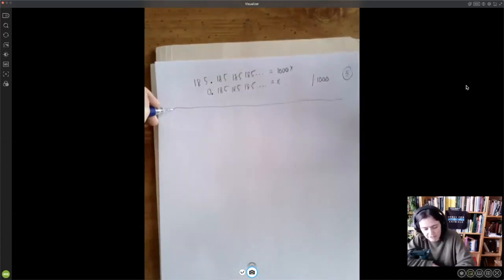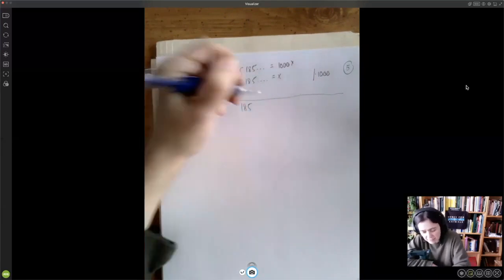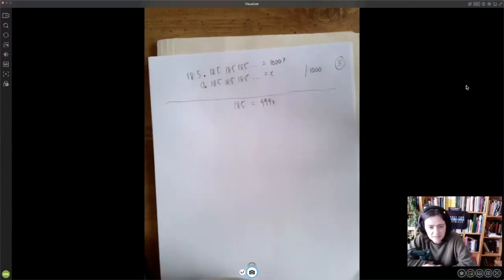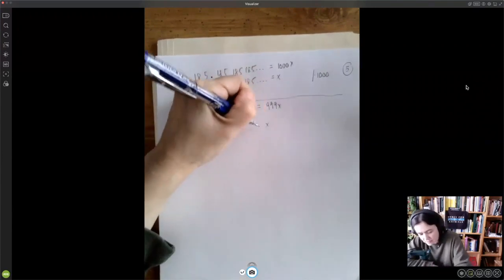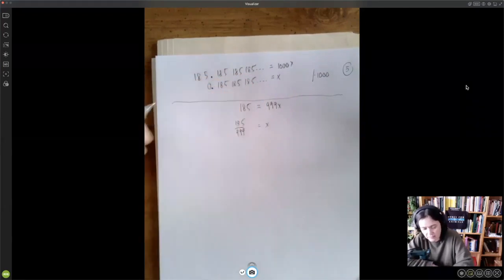And then after subtraction, we get 185 here. So no need for the second fix, and 999x here. And so x is 185 divided by 999.